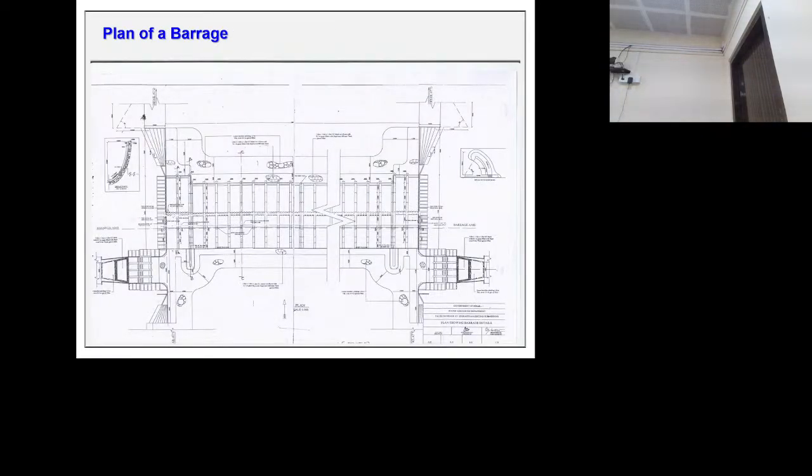The upstream length of the divide wall should be 2/3 of the regulator, so that a water pocket will be created here. So maximum water we can draw from this head regulator, and still free water can be obtained by this head regulator and barrage.